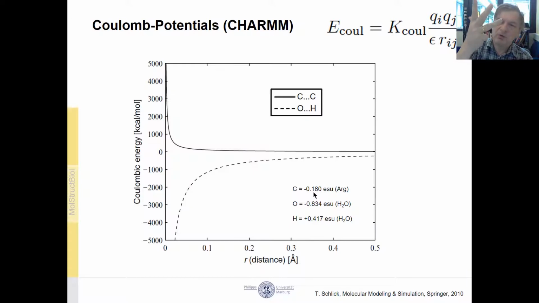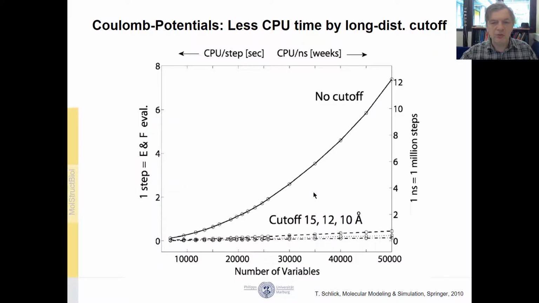That is 3, and number 4 would be the other atoms in the side chain. However, probably it's 5, because the carbon atom next to the nitrogen of the guanidinium group would probably also give a separate type. So at least 5 different carbon atom types in one amino acid, and everything has to be tabulated, how this interacts with all the other ones. Endless data, but actually everything has been done in decades of work, to be available.